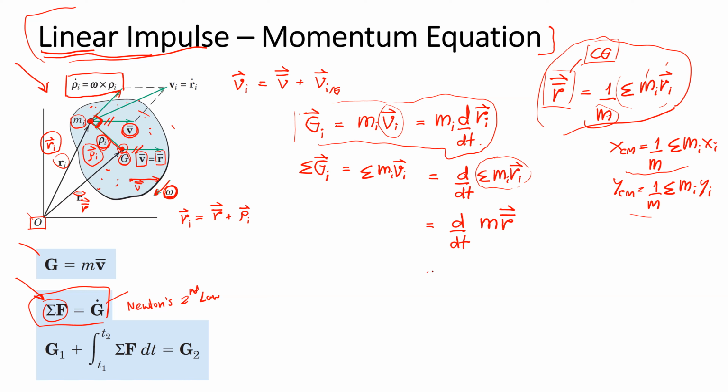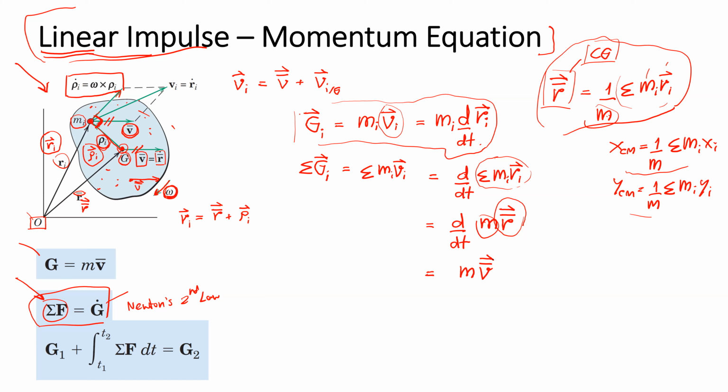Mass is not changed against time. So the rate of change of the r bar vector can be considered as the velocity of the CG.